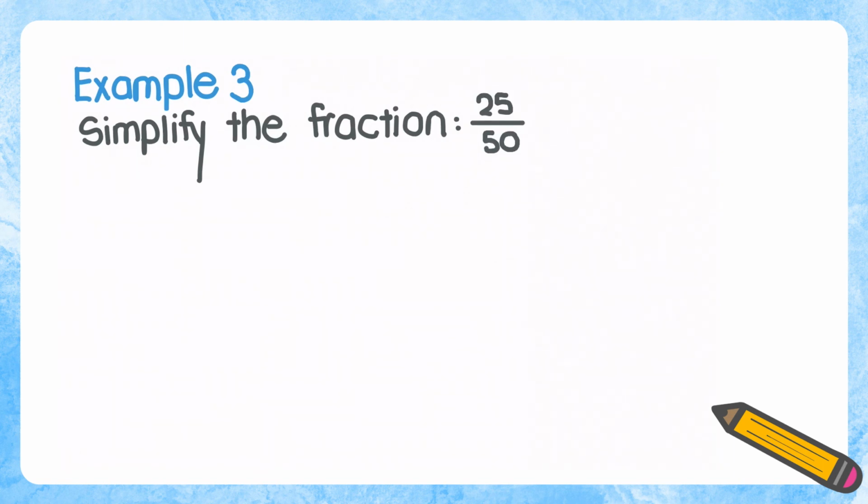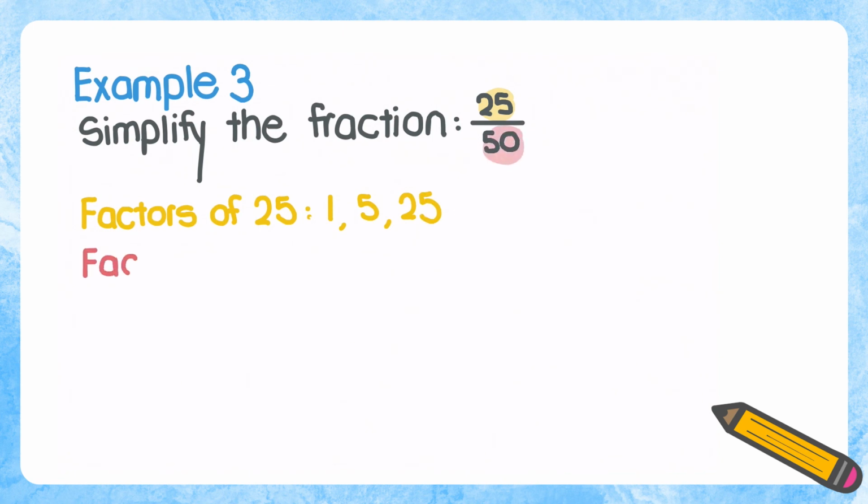Lastly, let's simplify the fraction 25 over 50. First, let's focus on our numerator 25. We're going to write all factors of 25. That would be 1, 5, and 25. Next, let's write out the factors for our denominator, 50.